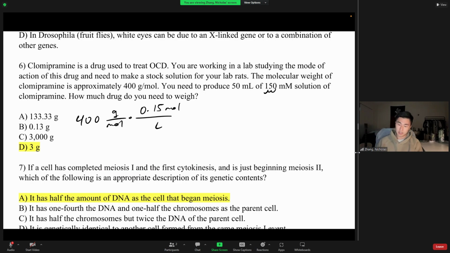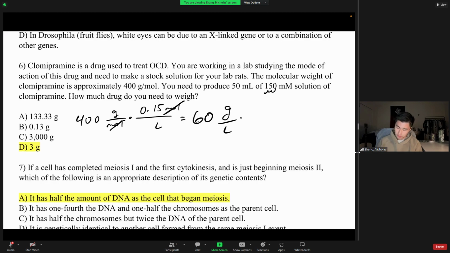And millimolar can just be moles per liter conversion. So I'm going to bust out my phone calculator. 400 times 0.15 gives you 60. Because we have moles on top and moles on bottom, we can cross those out and we get a resulting number with the units grams per liter.